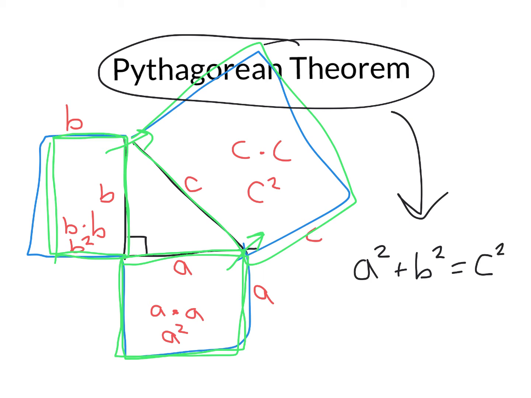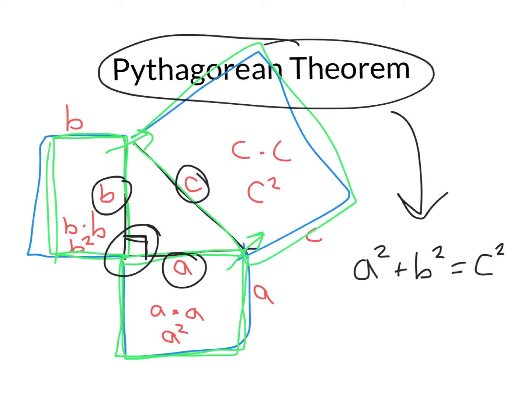And it works for any right triangle. For any right triangle, remember that means that it has a 90-degree angle in it. For any right triangle, if you have side lengths A, B, and C, and A and B are connected via this right angle, and C is the length across from the right angle, always a squared plus b squared will be equal to c squared.